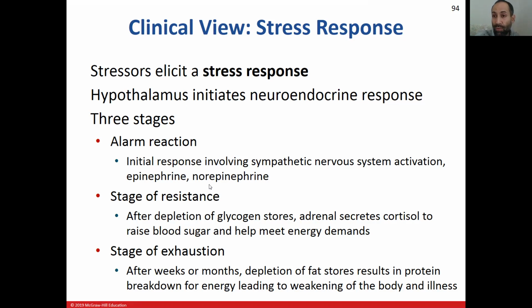And this is what happens with PTSD, post-traumatic stress disorder. These people, like war veterans or people who have suffered from rape or sexual abuse or natural disasters or some extremely traumatic event, a childhood event or something, that causes PTSD. So it starts out with the alarm reaction, right?